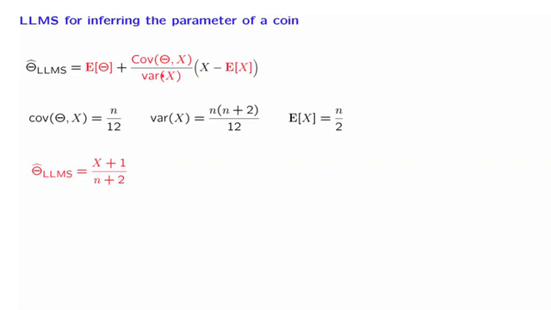It's the covariance divided by the variance. n over 12 divided by this expression. This n cancels that n, this 12 cancels that 12. We're left with an n plus 2 in the denominator. And indeed, the coefficient that multiplies x has n plus 2 in the denominator. And you can similarly verify that the constant term as well is the correct one.